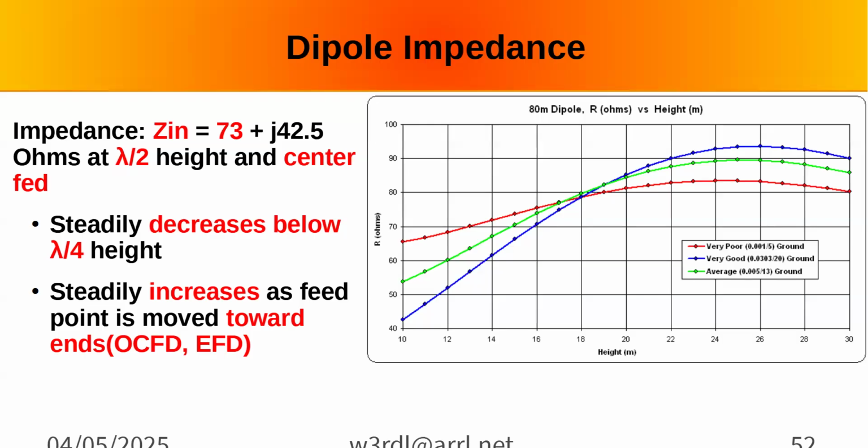When you get all the way to the end where it's end fed, you have the highest resistance, anywhere from, I think the chart coming up says like 5,000 ohms. I think it's more like 2,500, 3,000, but definitely kiloohms. Off-center fed, depending on whether it's quarter or 30%, is like 200, 400 ohms.